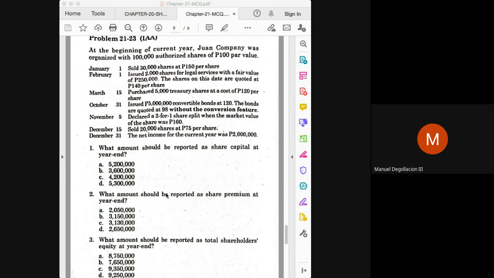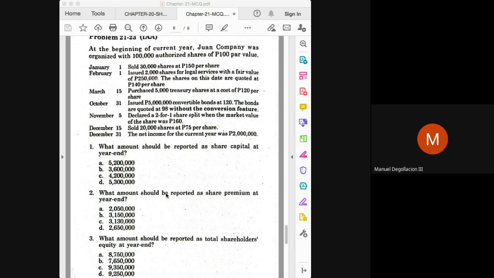Okay. Next question: what amount should be reported as share premium? We have share premium involved in the January 1 issuance of the shares, and it was 1,500,000. Also on February 1, but only for 50,000. And then for the convertible bonds, we had the share premium component for the conversion privilege in the amount of 1,100,000.